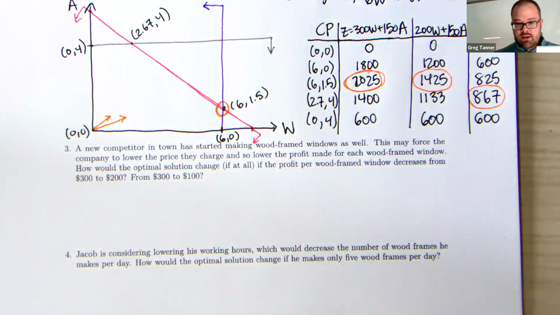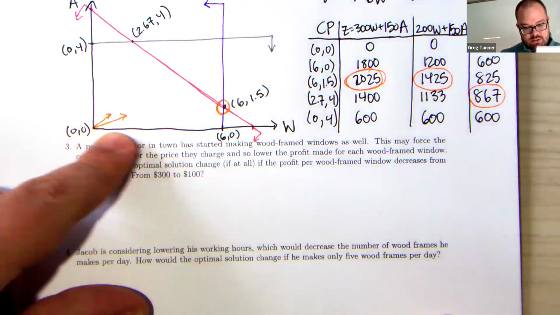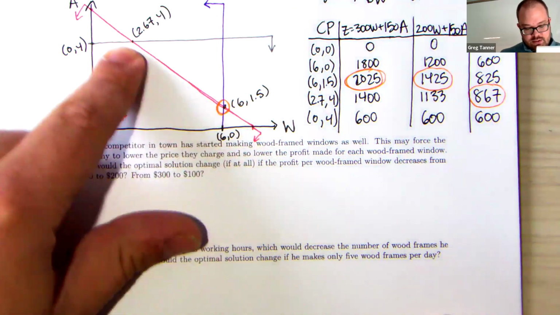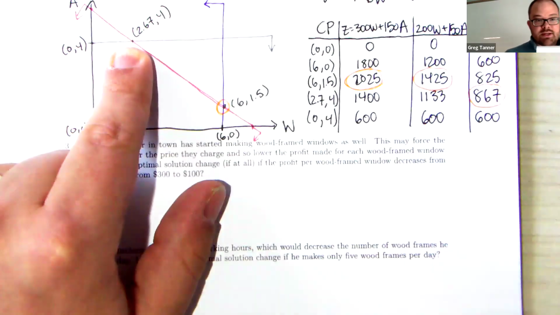And so Jacob will have to find something else to do with his time. So we can change our objective coefficients, and that will change the direction of this arrow, and that might involve moving our new optimal value to being at this corner.